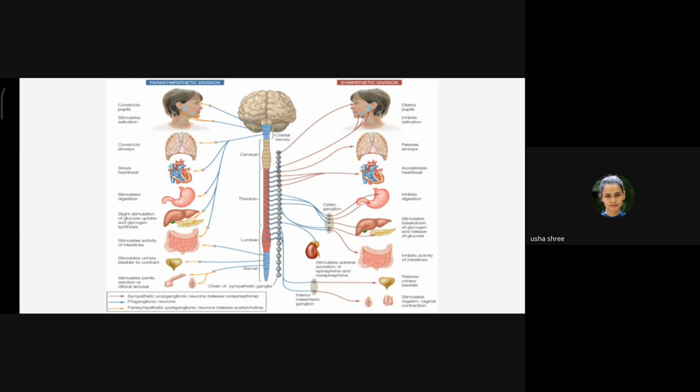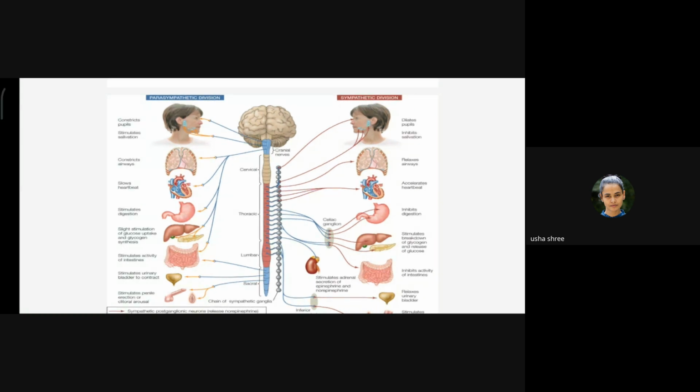It is very important to remember the symptoms of sympathetic and parasympathetic activation. Very, very important point. So in parasympathetic activation, the pupil constricts and salivation is stimulated. Obviously, rest and digest, digestion will increase.